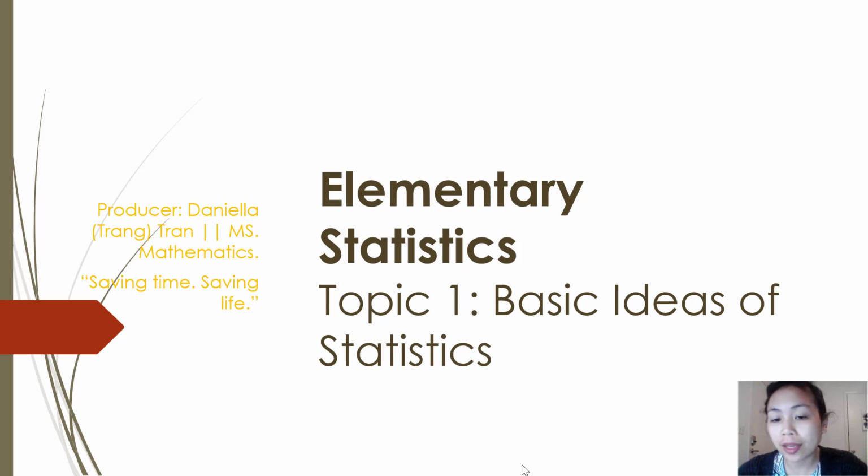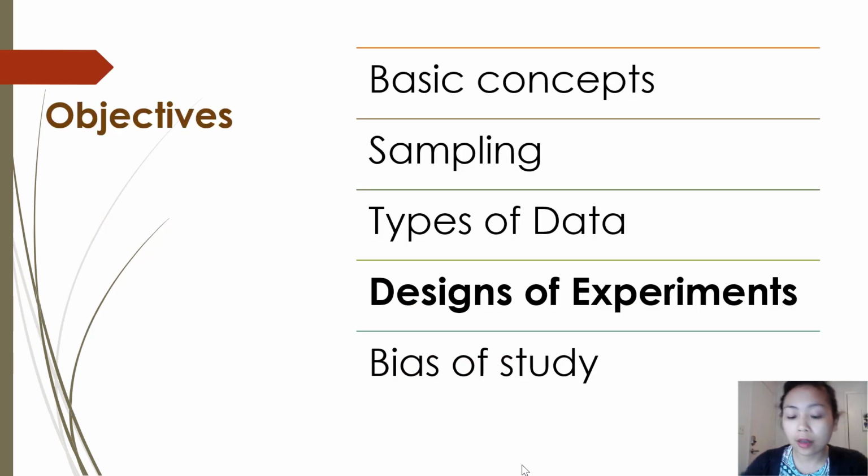Daniel's here and today I'm making my third video in the series of elementary statistics. In this lesson I would like to continue working on basic ideas of statistics. In the first two videos I talked about sampling and types of data.